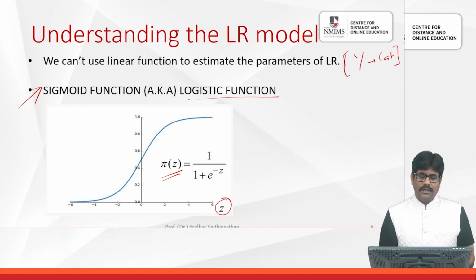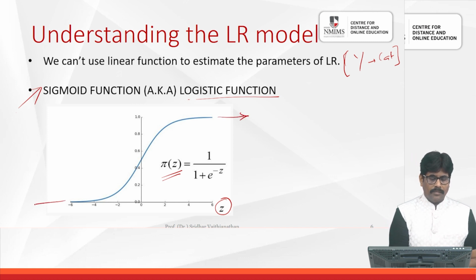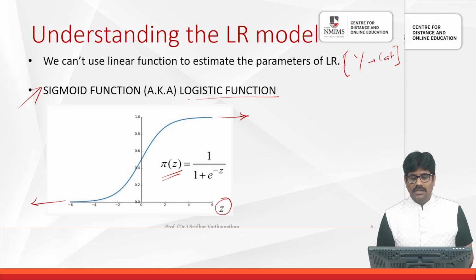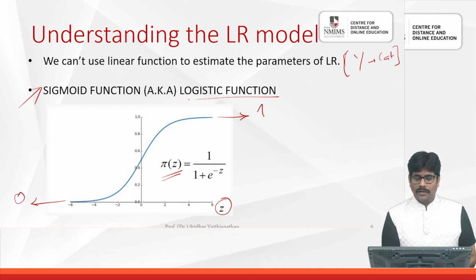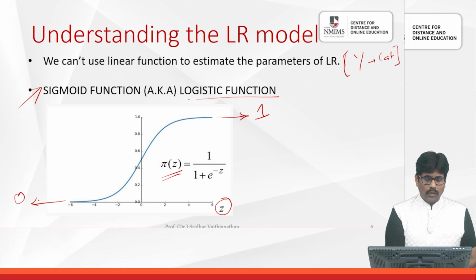If you look at it, the maximum and minimum value lies between 0 and 1. When you keep on adding the values of z, we get this elongated S curve, but it never crosses below 0.